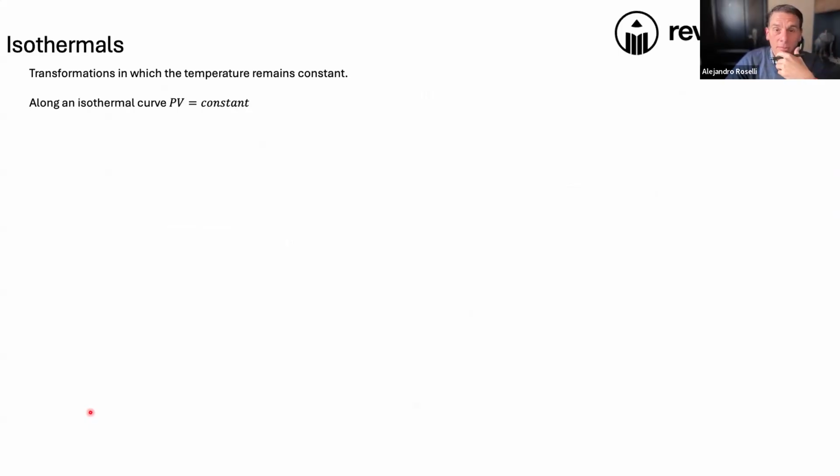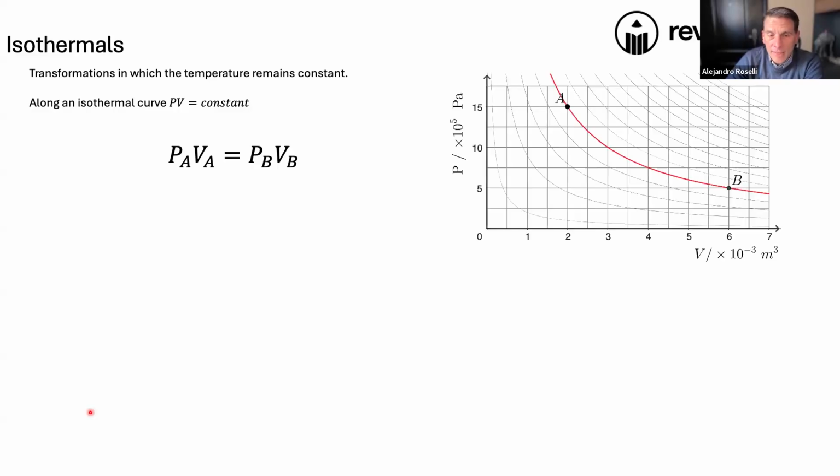Along an isothermal curve, P times V remains constant. So along any isothermal transformation from whatever initial state A, the system evolves into a final state B, and P times V will remain constant. That creates a situation in which the transformation follows a curved path.